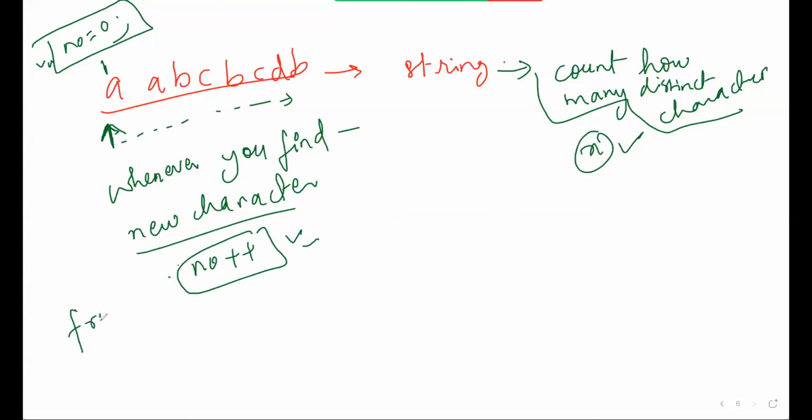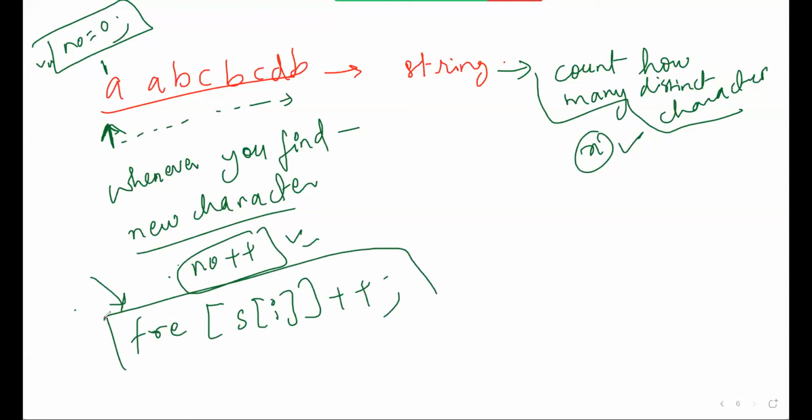Now using a map, it is very easy. In C++, suppose the name of your hash map is frequency, like FRE. Whenever you find a new character, you do this. If I break it down, this is your map frequency; you are taking a character and incrementing its count. By default, in a hash map, the frequency of any character which is not present is 0.